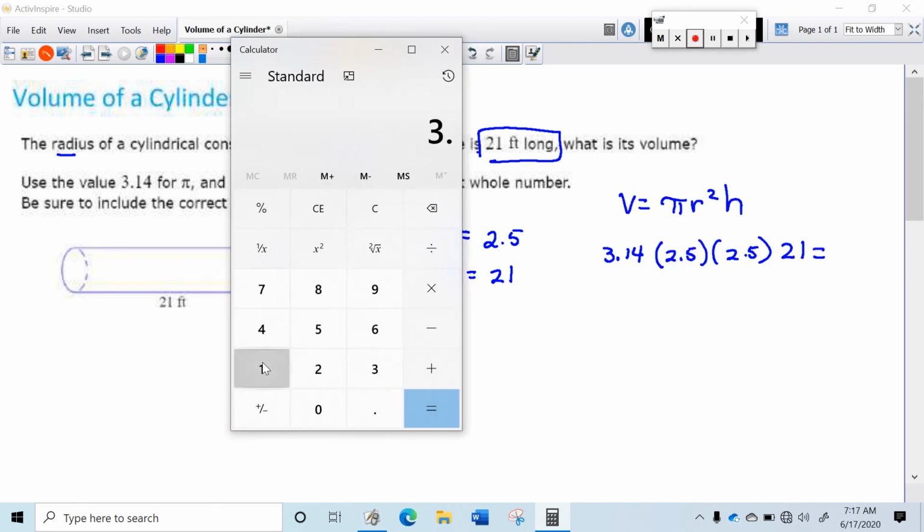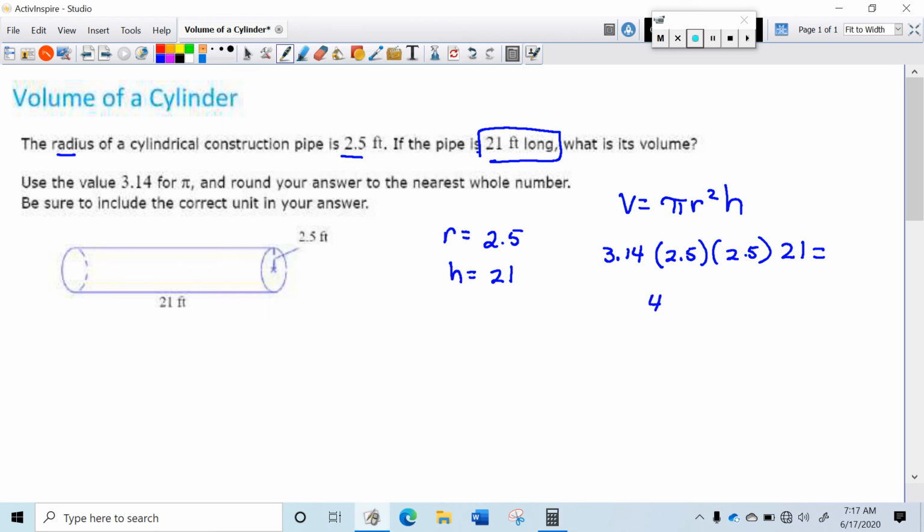So 3.14 times 2.5 times 2.5 times 21 is 412.125. And it says round your answer to the nearest whole number, so they do not want decimals.